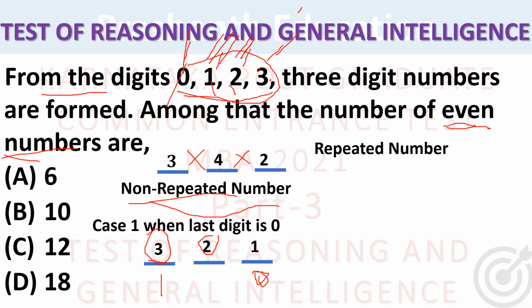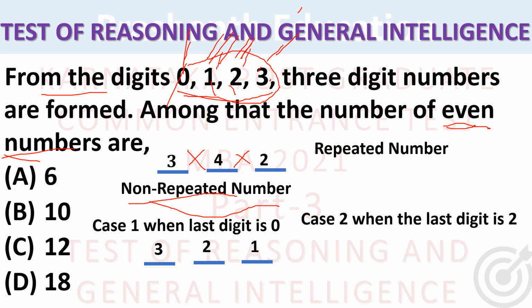Now the second case would be when the last digit is 2. So when this digit is 2, here only 1 is possible. Now let's come to this position. Here we have already put 2, so we can't take 2. Here I can't put 0, so only two digits are left.